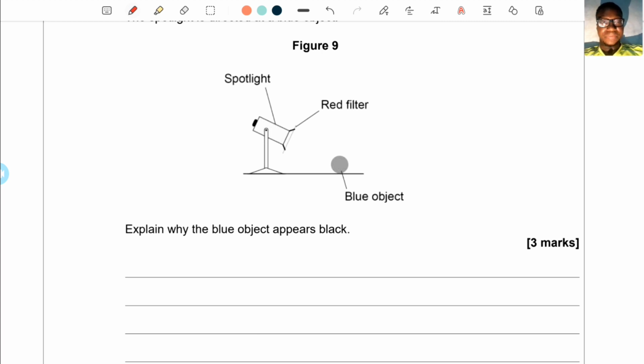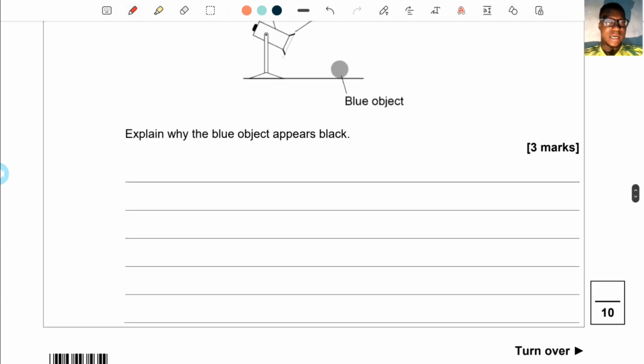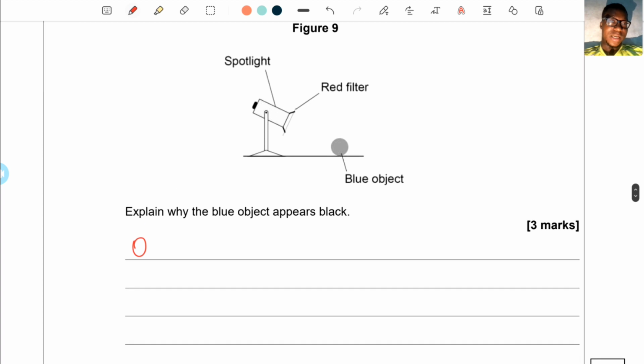So now let's put all of that in words. For the spotlight, we can say that only red is transmitted from the filter. That's our first submission.